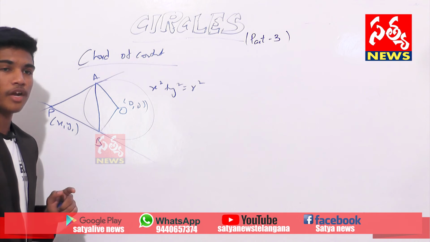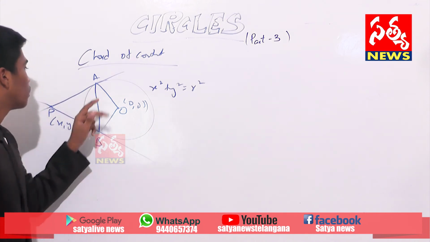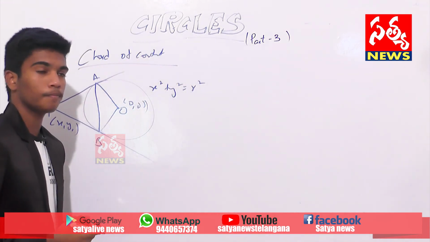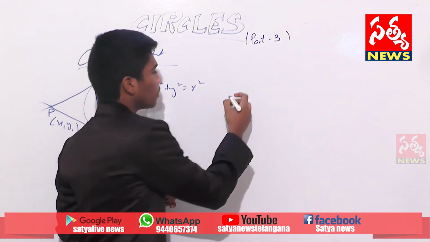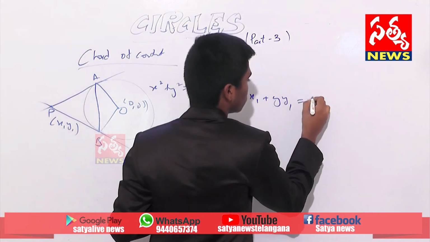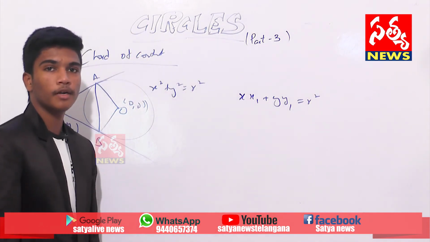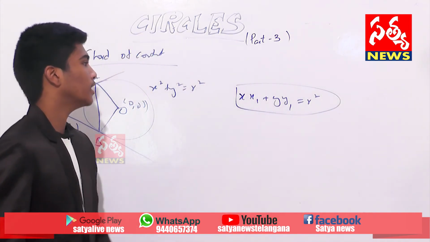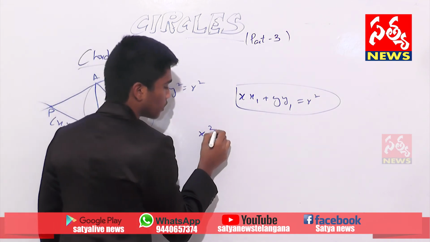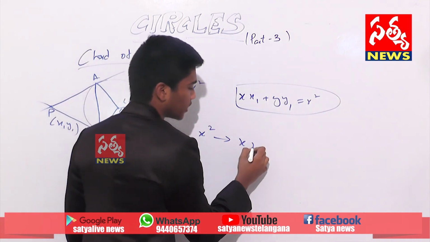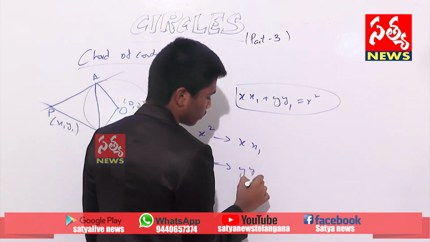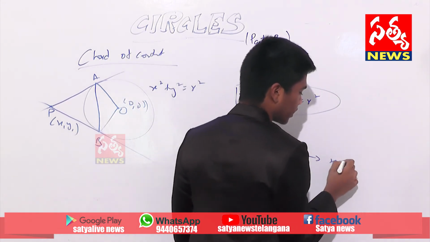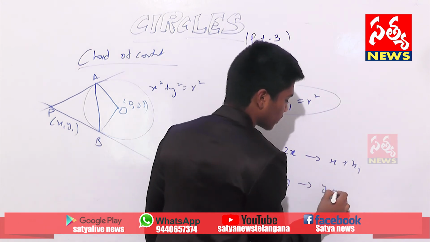Here you can see that the equation of chord of contact is similar to the equation of the tangent to the circle. First of all, what is the equation of tangent to a circle? It is xx1 plus yy1 is equal to r square, which I have said in the second part. Please check that. For finding the tangent, directly we substituted x square as xx1 and y square as yy1. If there is a second degree equation, we used 2x as x plus x1 and 2y as y plus y1.